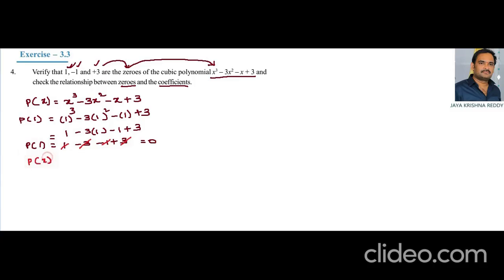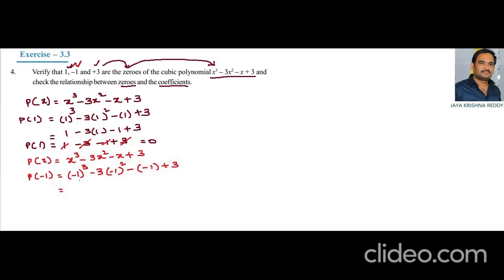The next, let us take the second one. Again first write the polynomial here. P of x equals x cube minus 3x square minus x plus 3. Now in place of x, let us substitute minus 1, the second number. So x cube means minus 1 whole cube, minus 3 times x square means minus 1 square, and minus of x value, which is minus 1, plus 3.